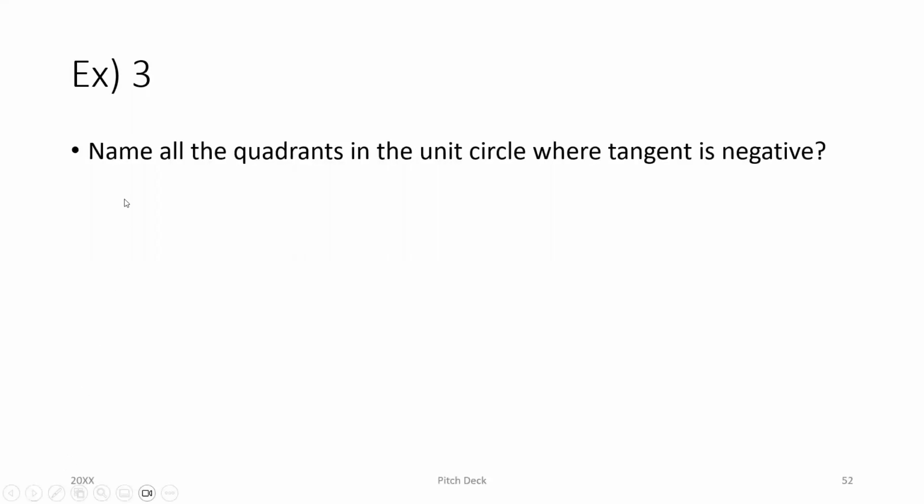So example 3 says, name all the quadrants in the unit circle where tangent is negative. Okay, so they just want where tangent is negative. So let's see. Here's quadrant 1, quadrant 2, quadrant 3, and quadrant 4. So what is tangent? If it's within the unit circle, tangent can be expressed as y over x.